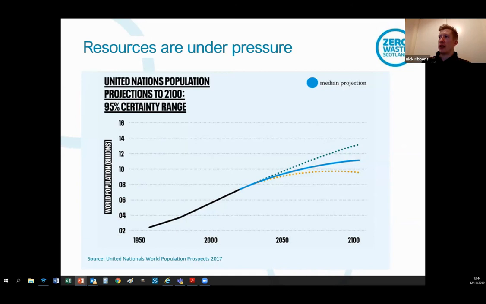And also, of course, the population of the Earth is growing, and it's looking like it's going to continue to do so into the 22nd century.